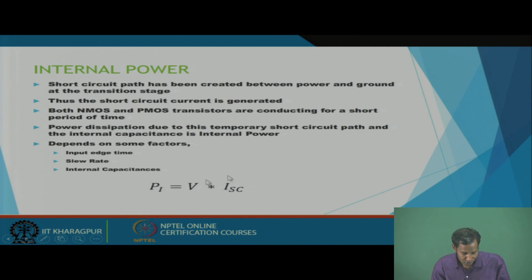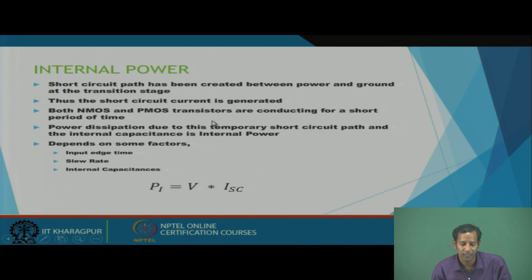So, what is short circuit current? Short circuit current is basically the connection between your power supply and the ground, where NMOS and PMOS, for a very short time, are making that particular path, sorry, from power supply VDD to ground.